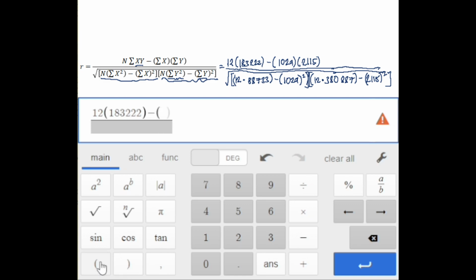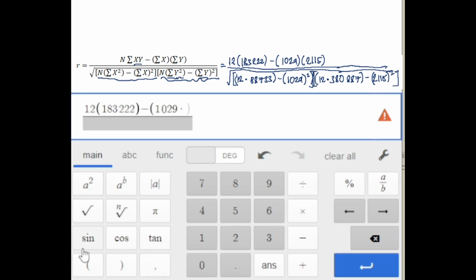So ito ay 1,029 times 2,115. Okay, then close it. Yan po yung numerator natin.